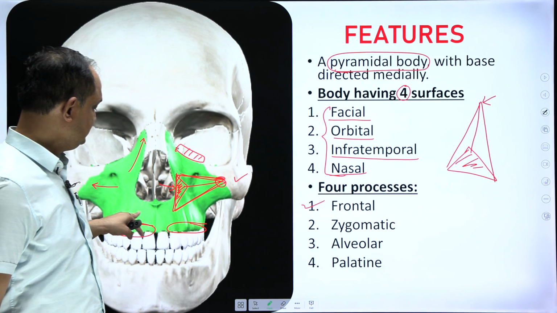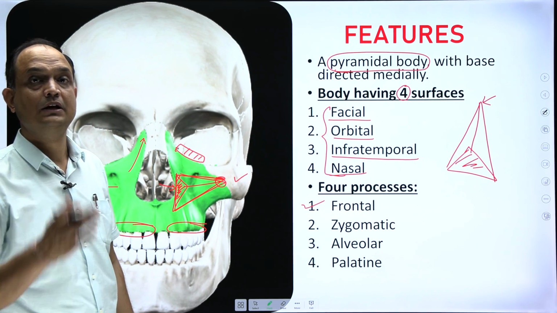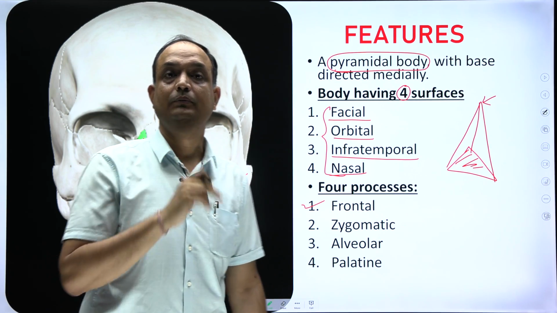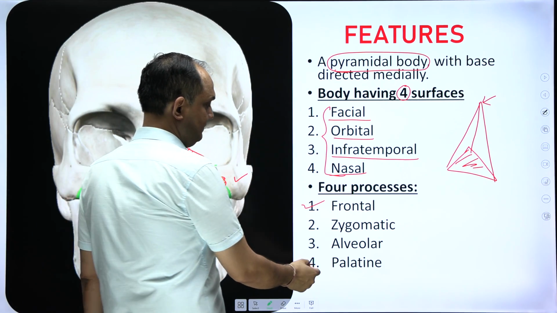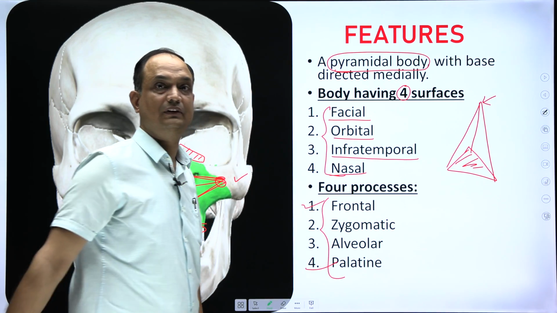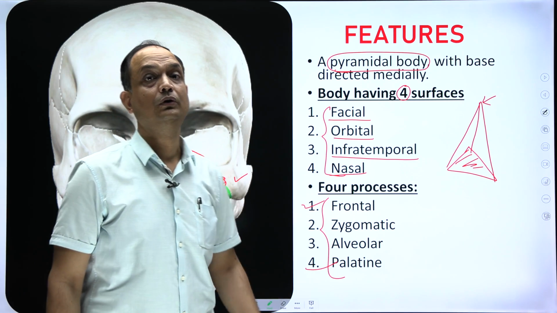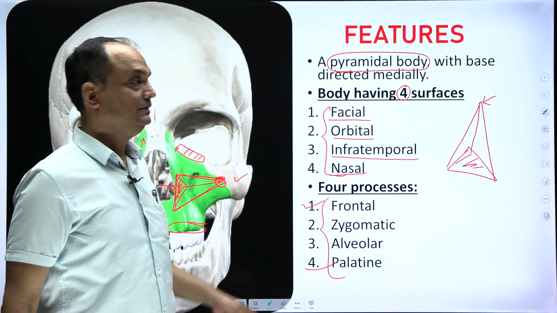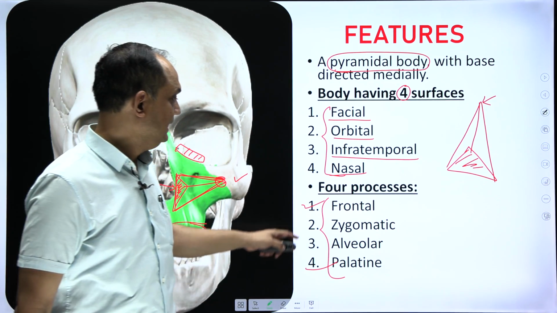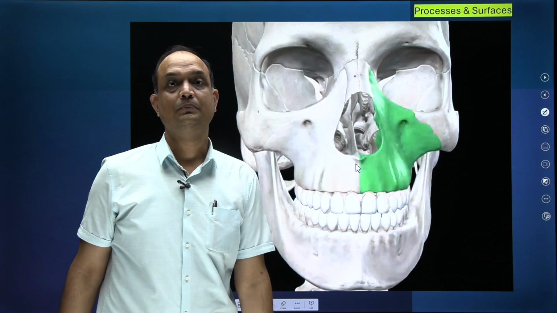And one process which is not visible in this front view because it is a horizontal projection which forms your hard palate is known as the palatine process. So the bone has four body surfaces and four processes. In this session we will mainly discuss the four surfaces in detail, and in part 2 we will discuss the processes.